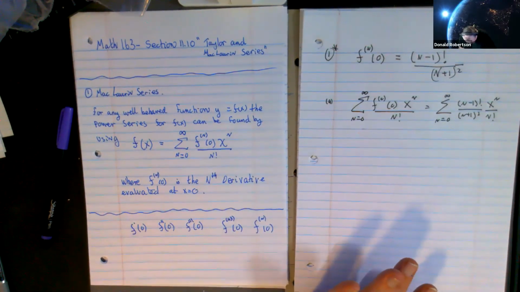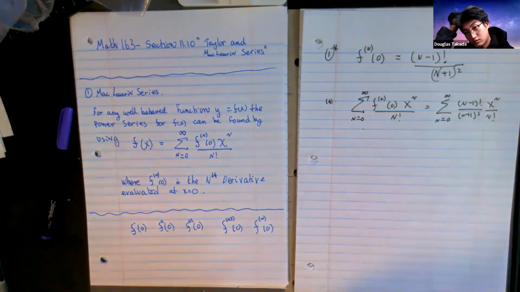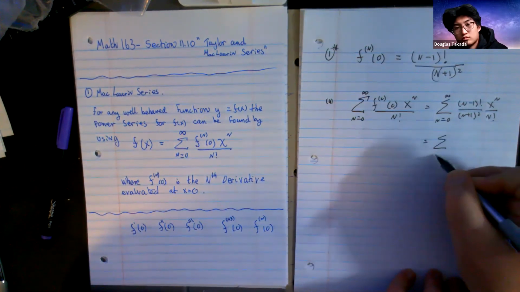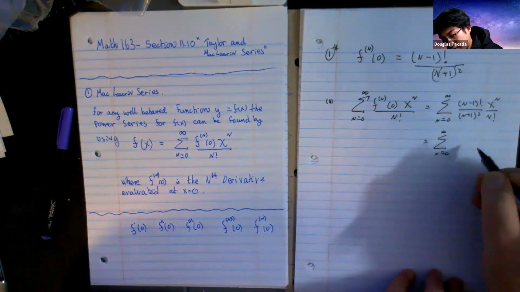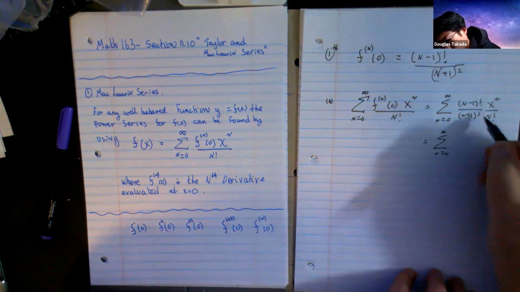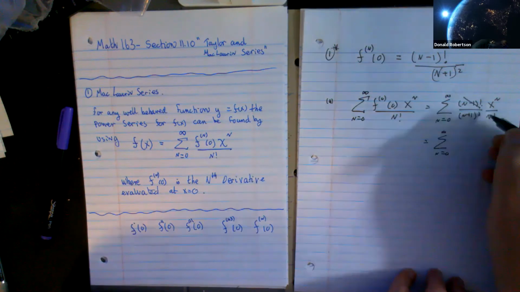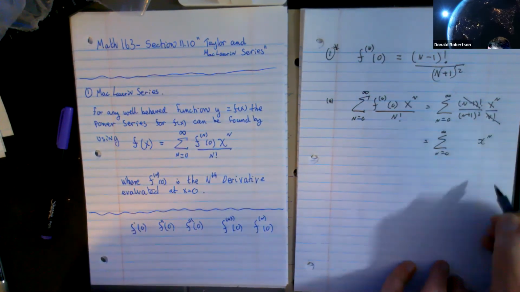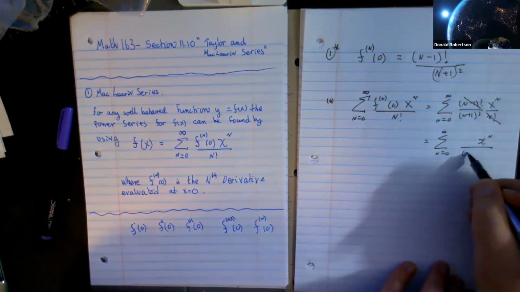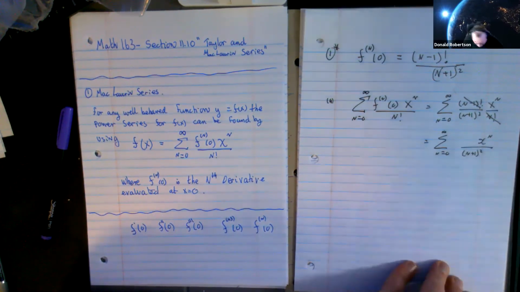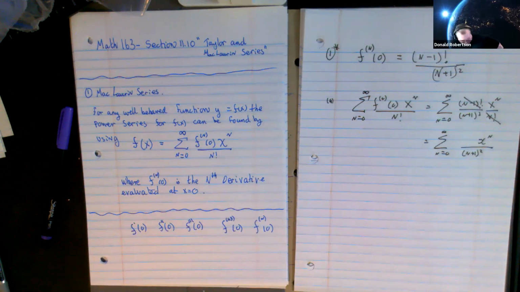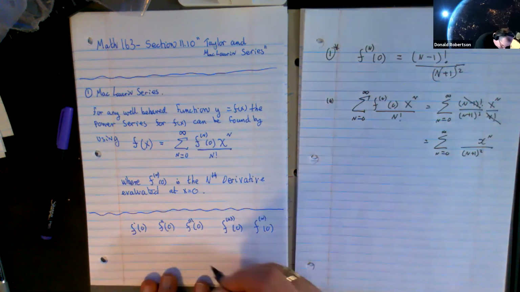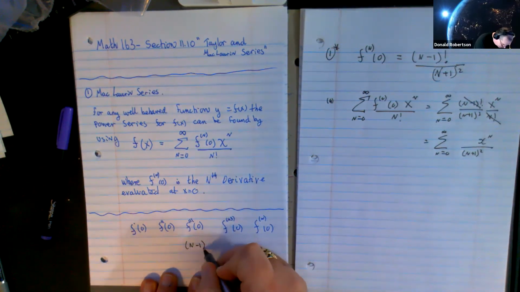Now what you need to do here is make it look pretty. n minus 1 factorial will cancel n factorial. What do you get left behind? Now, factorial algebra is a little bit more awkward, so I'll kind of set it up for you.